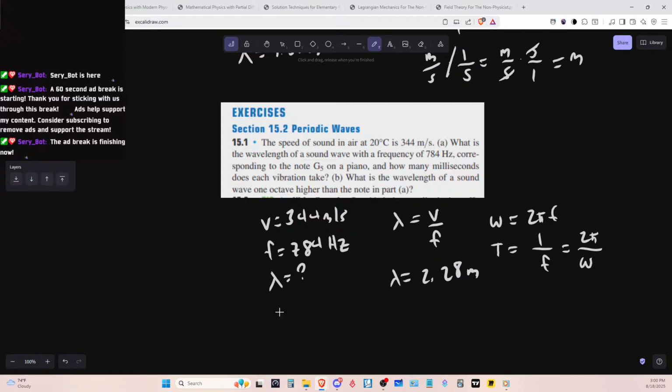So I think we have to actually calculate the period here. So the period would be, and then the frequency is 784. So that is, I think, seconds, right?